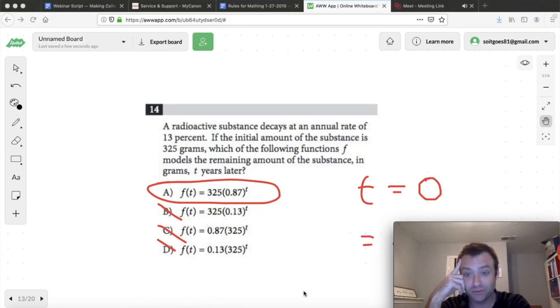Because it's 325 times 325. Big number, right? After 3 years, it keeps getting bigger and bigger and bigger. Does that make sense? That becomes obvious once you start dealing with real values. Once you start thinking in concrete terms, they can't be C or D because when t gets bigger, that's going to get enormous for answer choice C and D. Okay. All right.